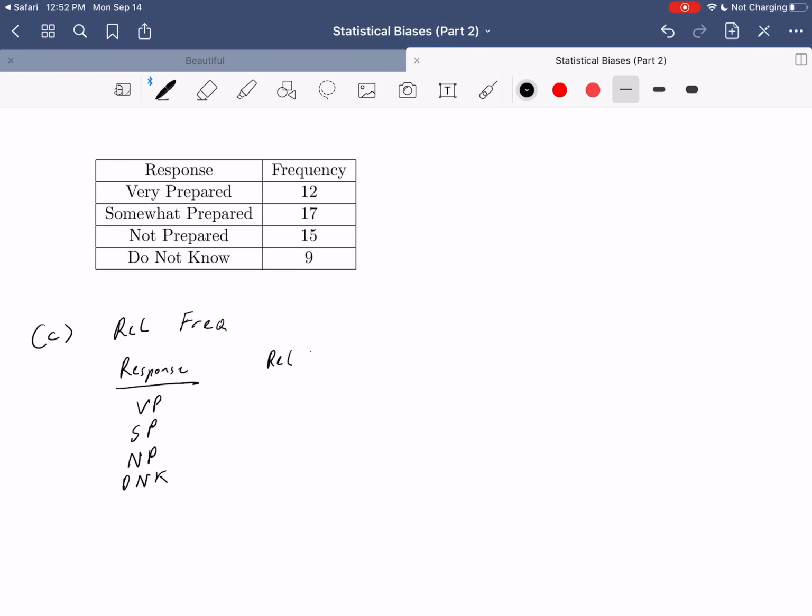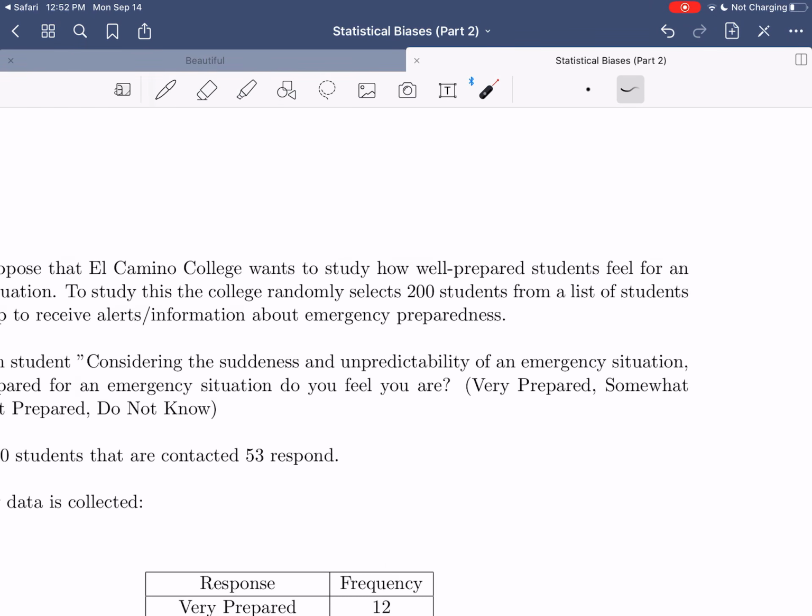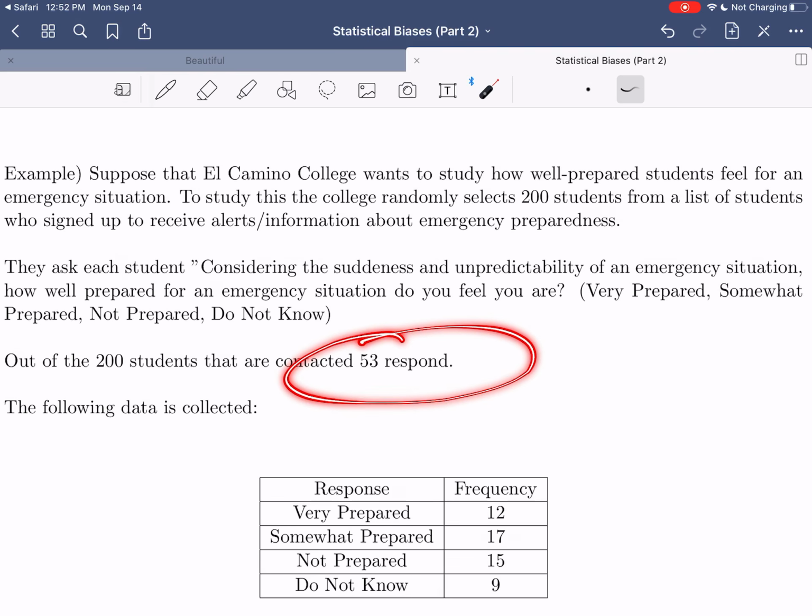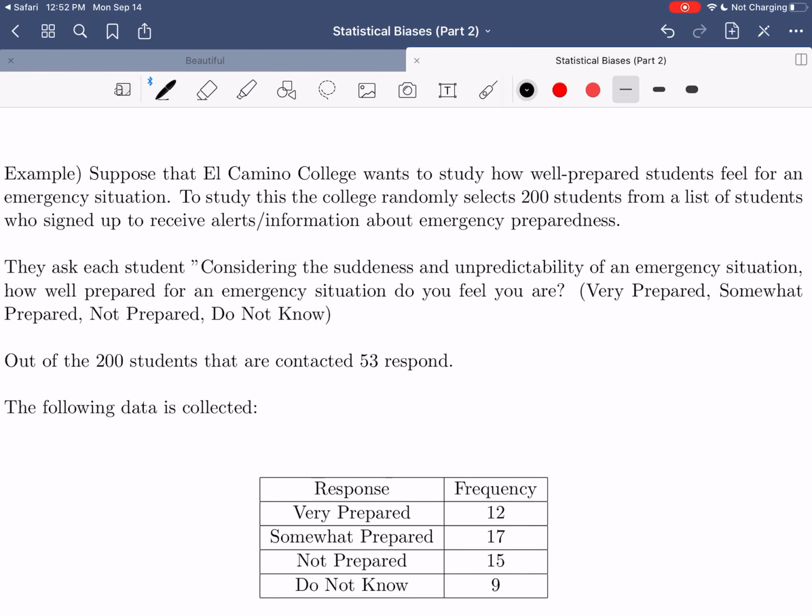And we want to do the relative frequency, and normally we do relative frequency in percentage. So we're going to take each of these and divide by the sample size. If we go back over here, remember the sample size were the 53 people that responded. So in terms of notation, this just tells us that n was equal to 53.